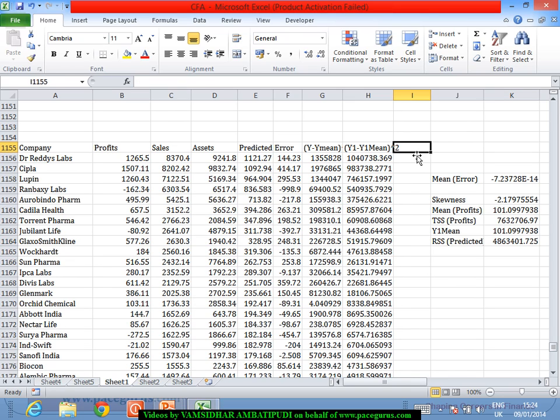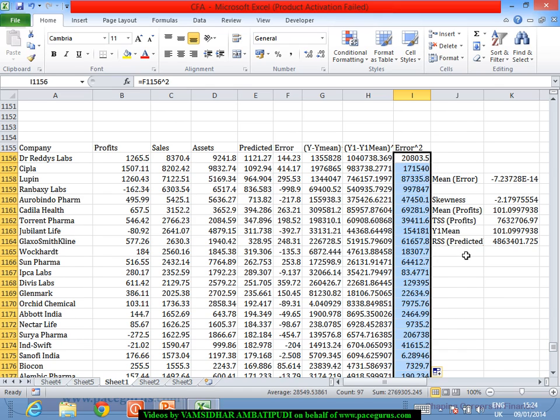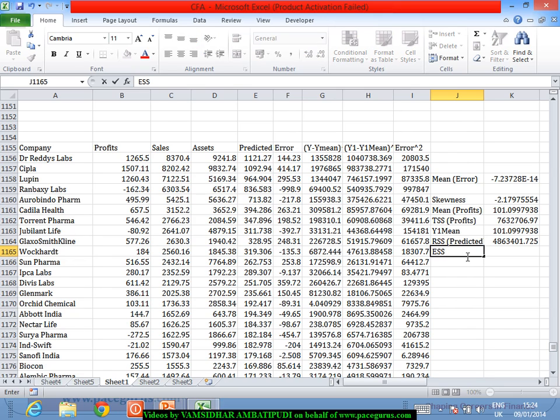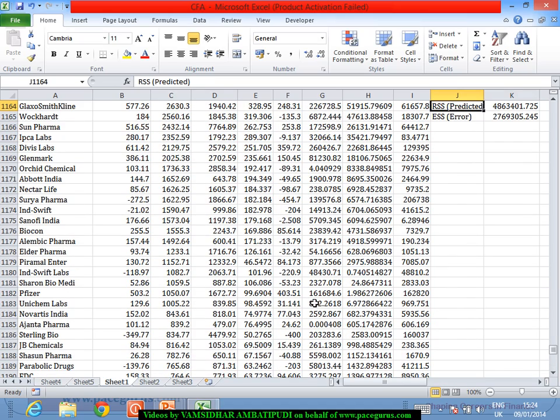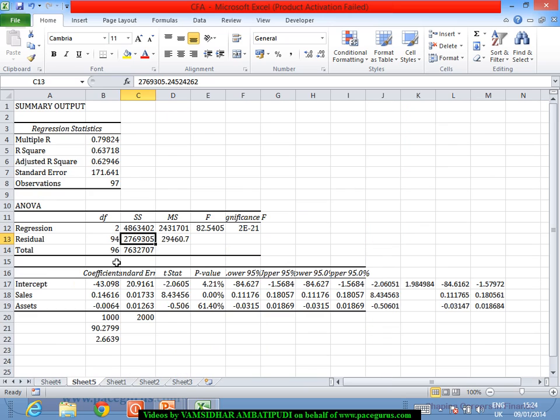When I take the square of this error, that is the residual sum of squares, or error sum of squares, which is the summation of these particular numbers, coming out to 2.76 million.